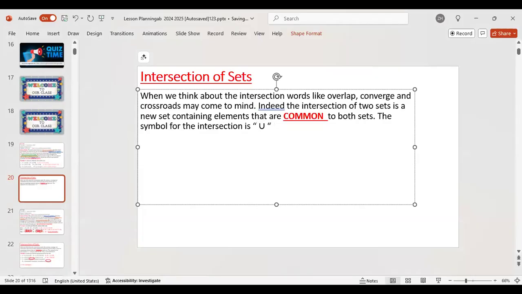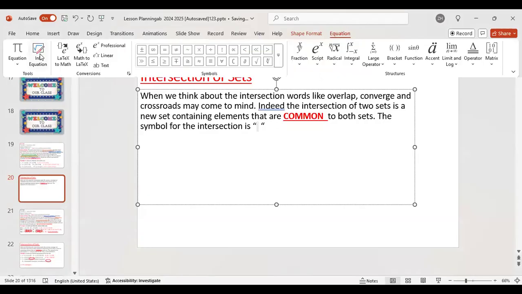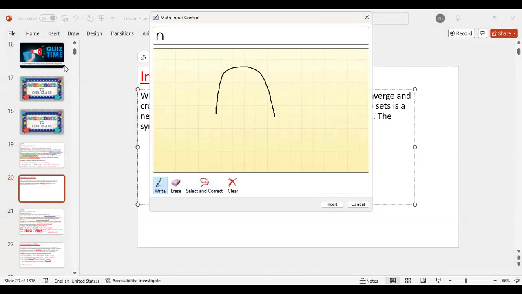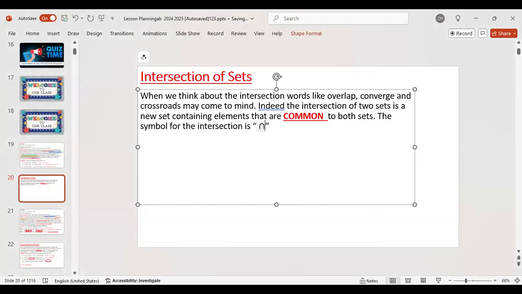Okay, no, I'm sorry. That's the union. It's going to be an upside down N, not a capital N. All right, so that's the union.